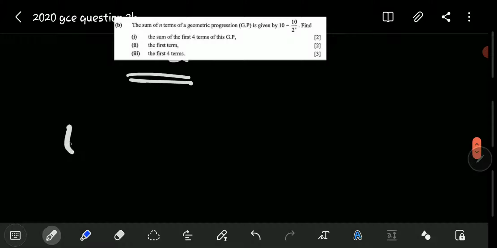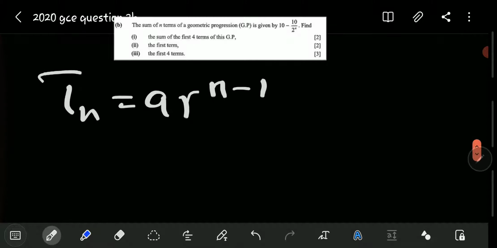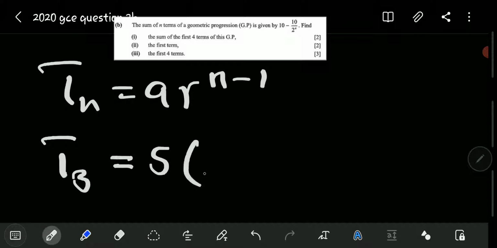So the nth term is equal to the first term multiplied by the ratio raised to n minus 1. This is just the general formula for geometric progression for finding the nth term. So for t3, which is the third term, we have 5 open bracket 1 over 2 raised to the power, since it's 3, it will be 3 minus 1.